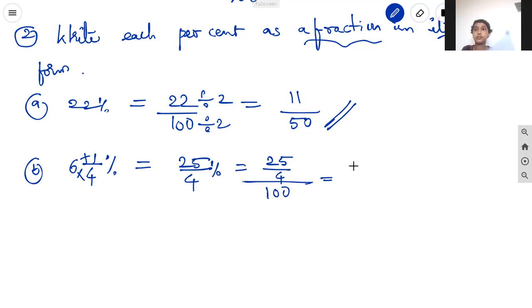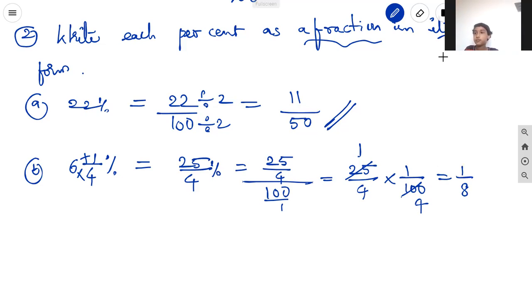That is equal to 25/4 times 1/100. We know that 25 ones are 25, 25 fours are 100. It is equal to 1/16.